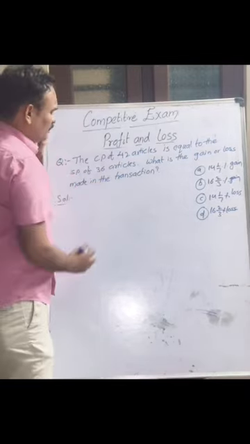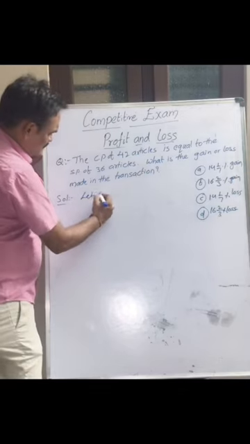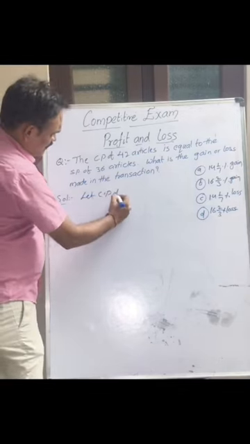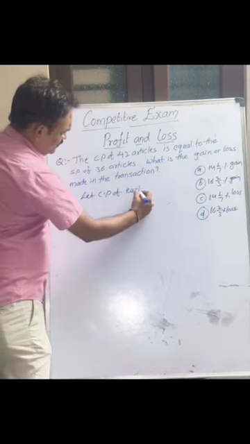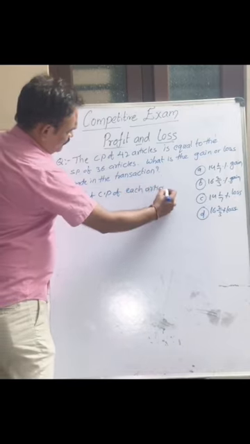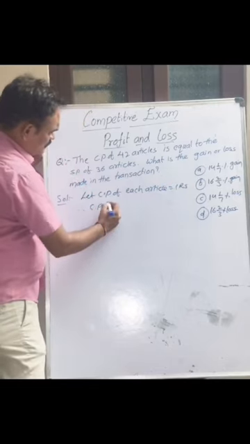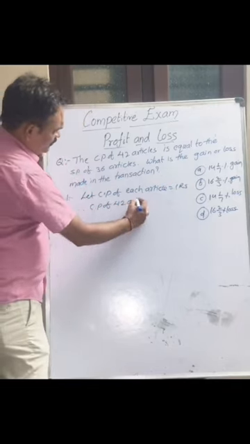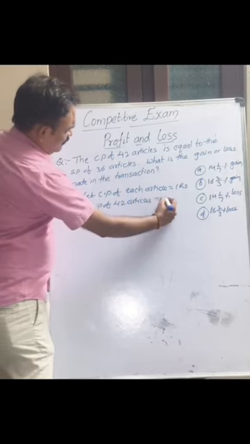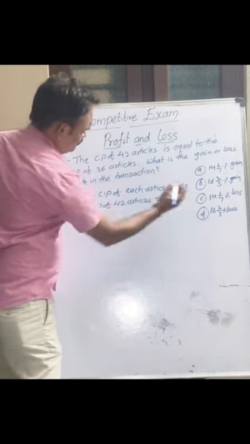The cost price of 42 articles. So let us assume the cost price of each article equals 1 rupee. Therefore, the cost price of 42 articles equals 42 rupees.